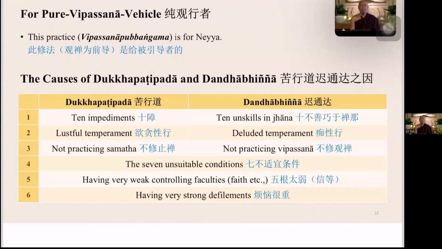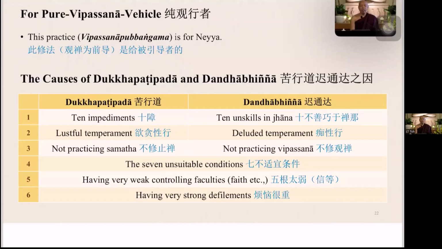Then they cannot improve easily. So a lot of attachment. Right? Another thing is not practicing samatha. Be careful. Right? Why do we become dukkha paṭipadā? Why do we encounter many difficulties? That means we have never practiced samatha before. Now we may have it, may form new habits, right?